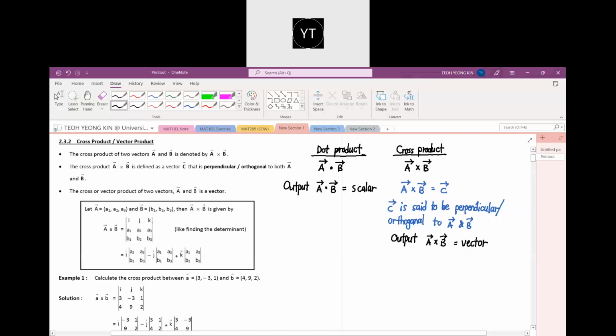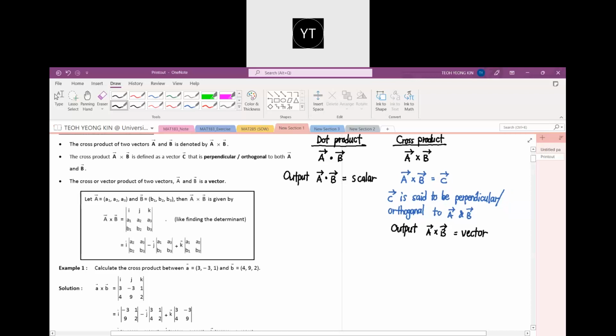So next, the question is, how are we going to find the cross product? Macam mana kita nak cari cross product? Let vector A be A1, A2, and A3, and vector B be B1, B2, and B3. Then the cross product of vector A and vector B is given by this. What we do is just like finding the determinants.